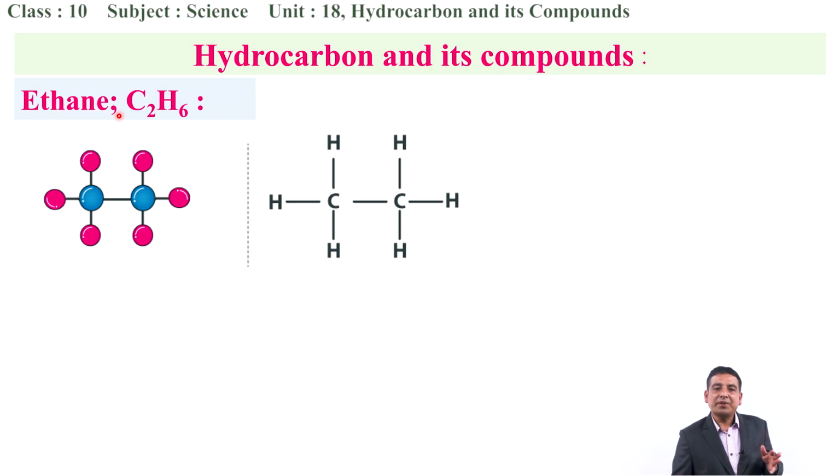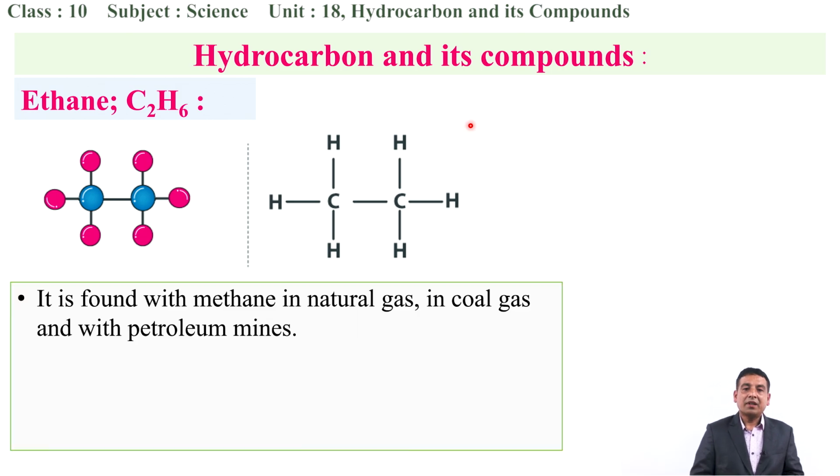Then what does this A and E represent? A and E represent that they contain a single bond. That means this carbon as well as this carbon are connected by this single bond, which A and E represent. So structurally it is represented by this structure. Generally we write this structure.